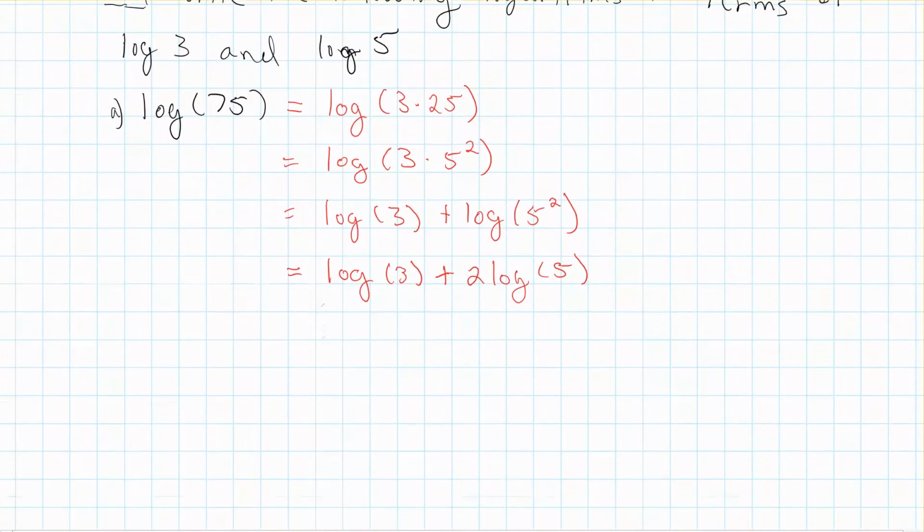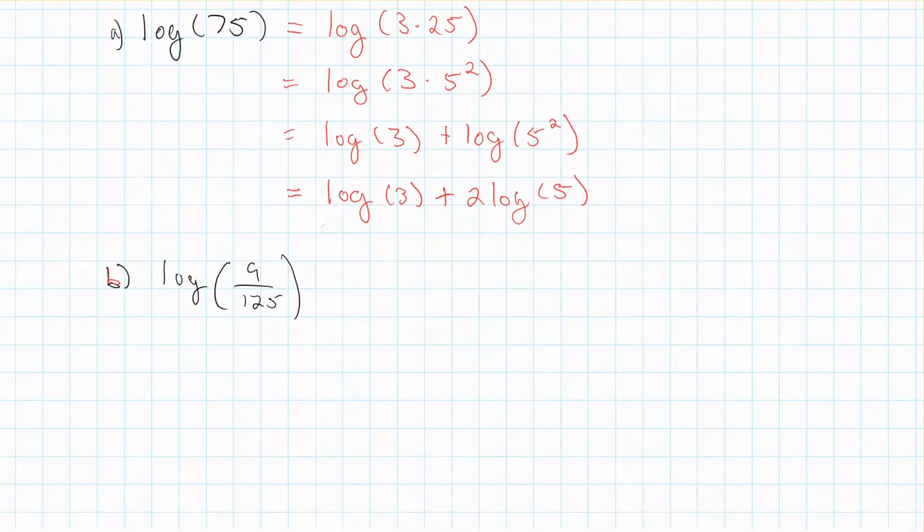So let's look at one more example with the log of 3 and log of 5. This would be part B. For this, we're going to look at the log of 9 over 125. We want to do the same thing, express this in terms of log of 3 and log of 5. So the first thing we should do is rewrite this as the log, and then think of, well, what is 9?